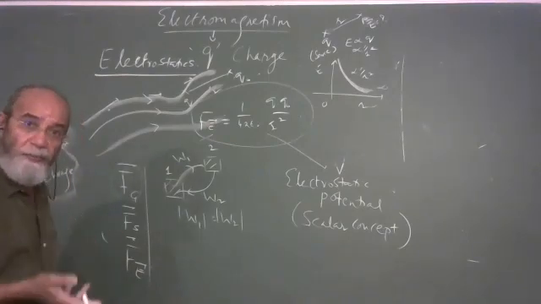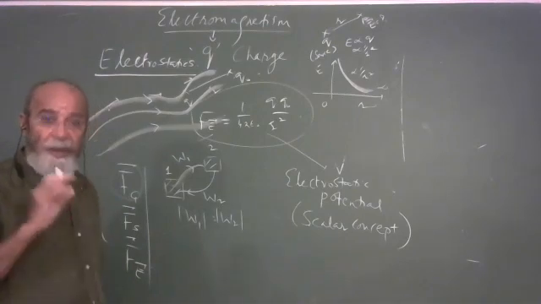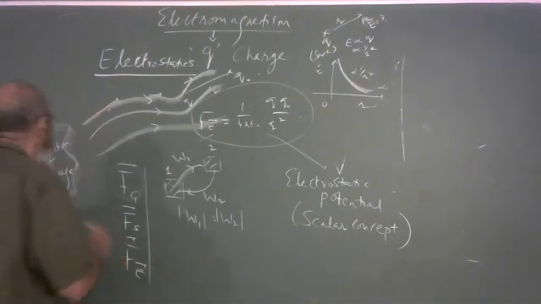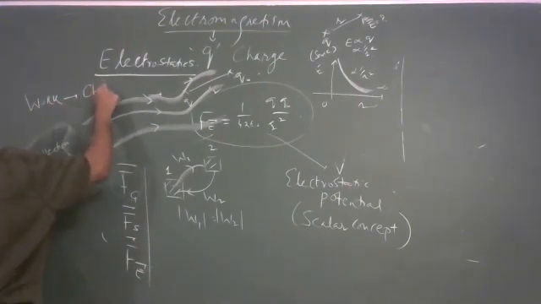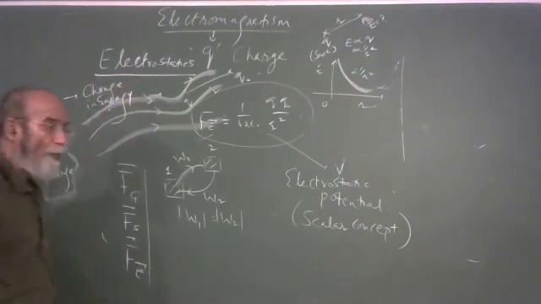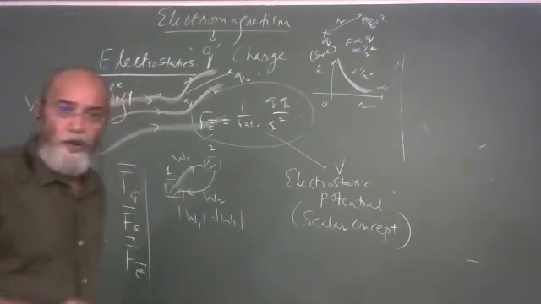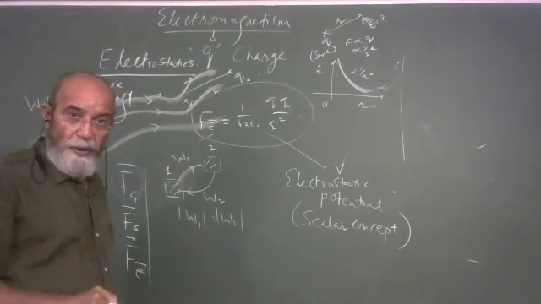In sign, they were opposite, which means, if you accept the fact that the definition of work means change in energy: kinetic energy changes, work is done. Potential energy changes, work is done.